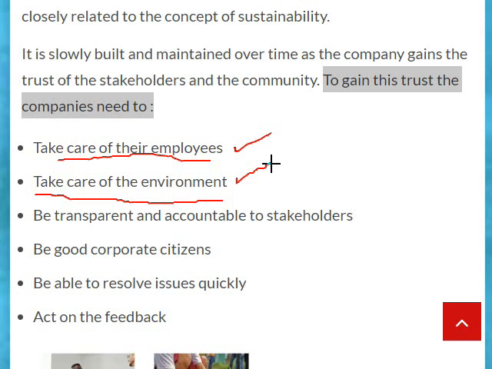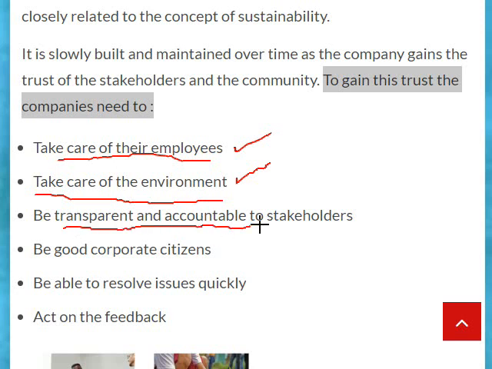And that is how they slowly build trust in the general community, and they establish a perspective of the company, which is that the company is sensitive towards environmental issues, and they are basically not ignorant towards the environment.